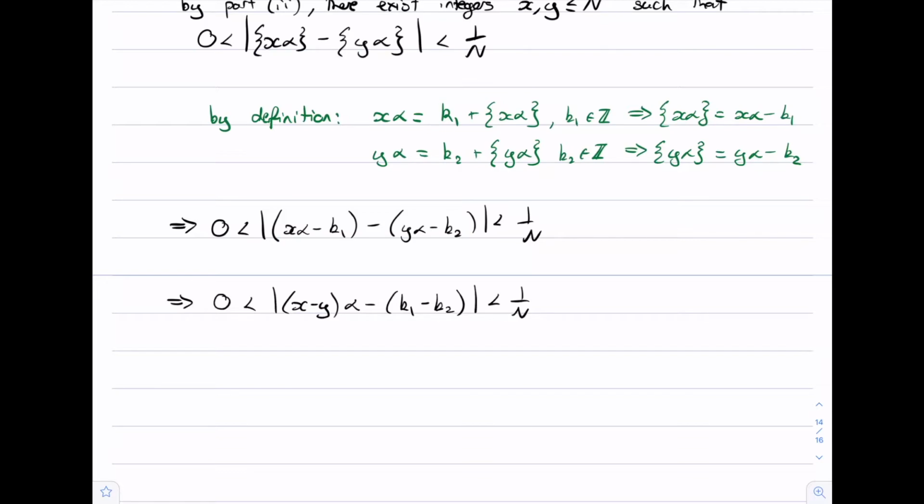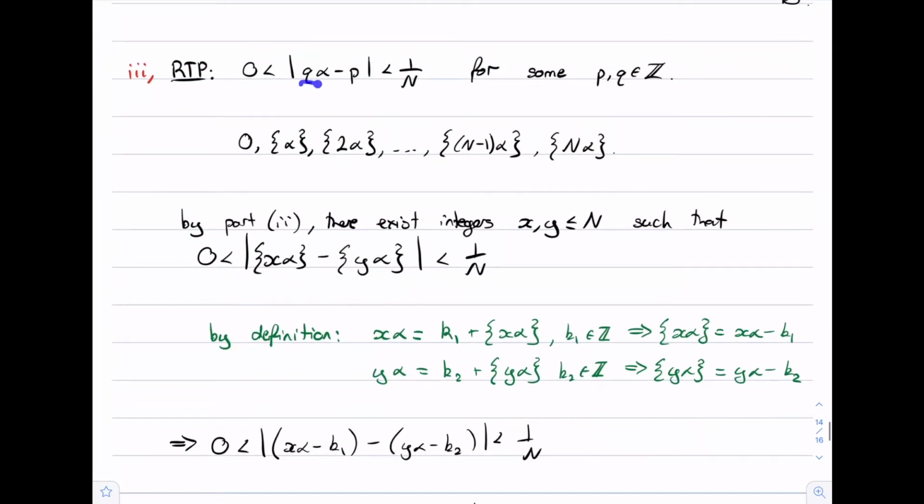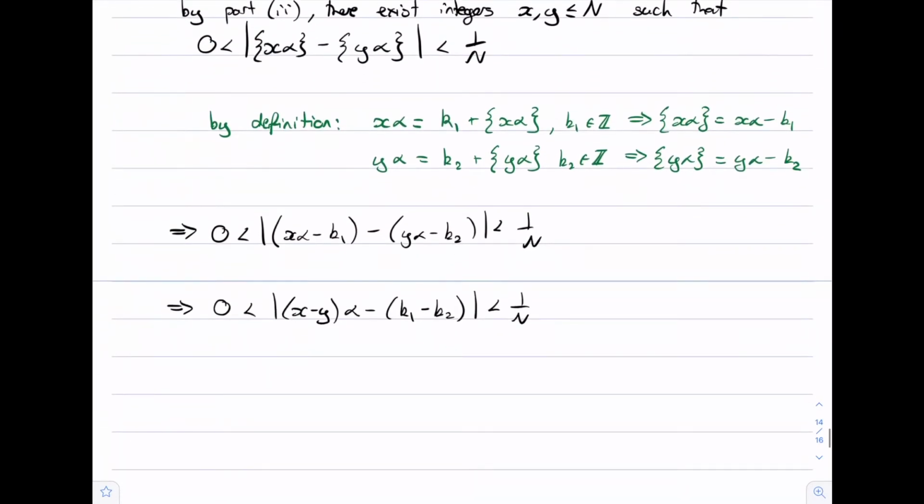Then I'm just going to relabel these things. I'm going to call x minus y q, since that's what I want it to look like, and similarly I'm going to call this thing p. So this tells me that 0 is less than q alpha minus p, which is less than 1 on n. And I'll tell the reader what q is, where q equals x minus y.